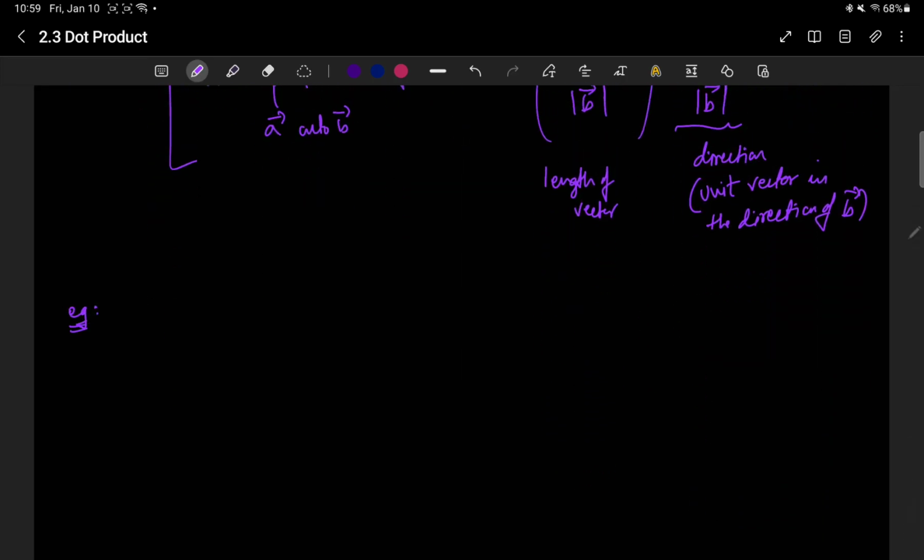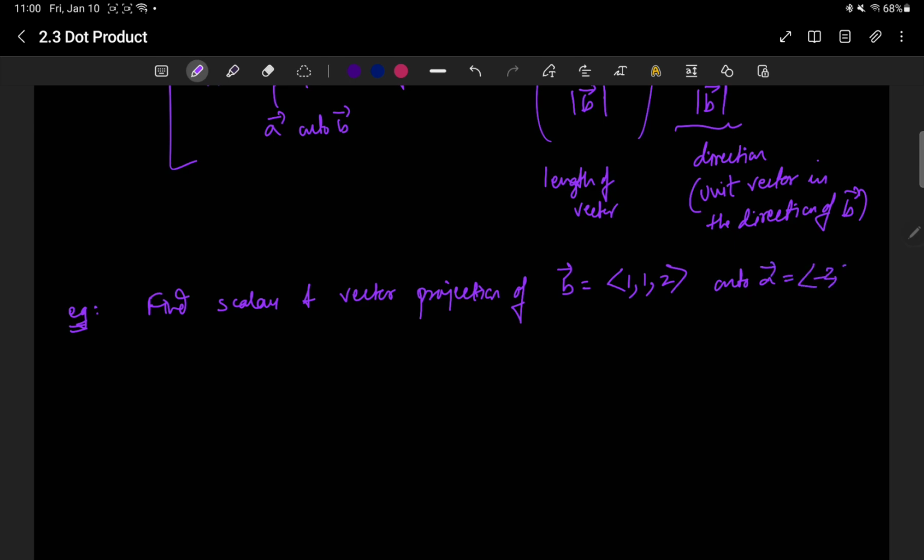Let's look at an example. Find the scalar and vector projection of B onto A. Okay, so here B is being projected onto A. So it means we will have to divide by the magnitude of A. So I need the magnitude of A, and that's going to be the square root of -2 squared plus 3 squared plus 1 squared.